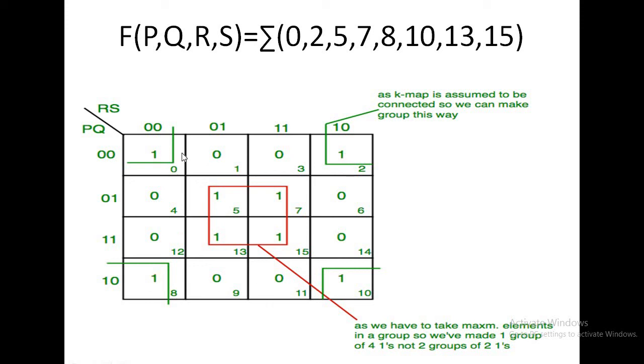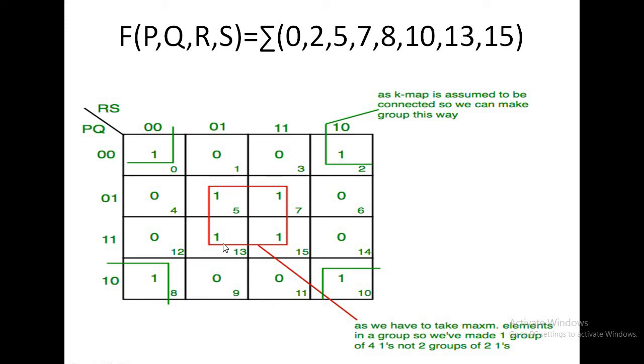Paper folding: if I fold this sheet, this column and this column can be merged. So corner ones can be formed as one group. So what is the result?